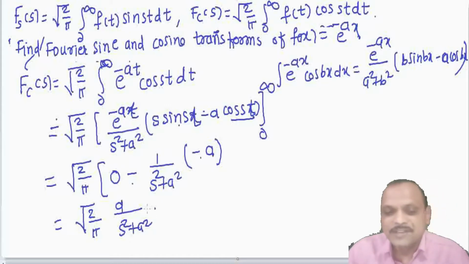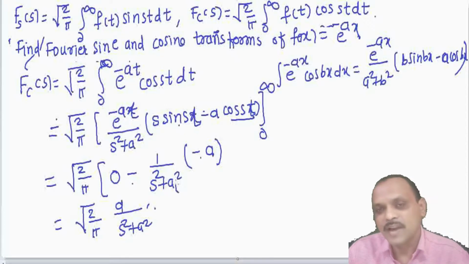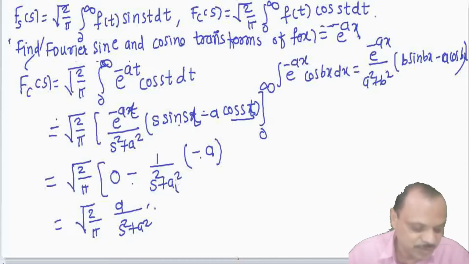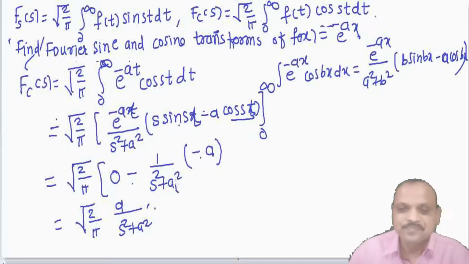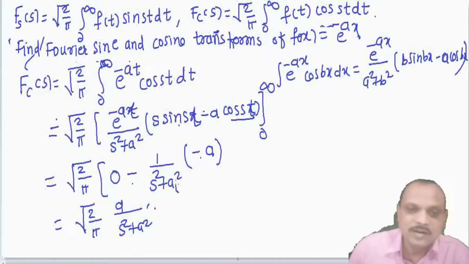So here you can see how we can find the Fourier cosine and sine transforms. So friend, let us see one more example of this Fourier sine transform.